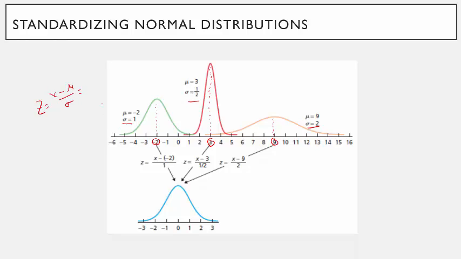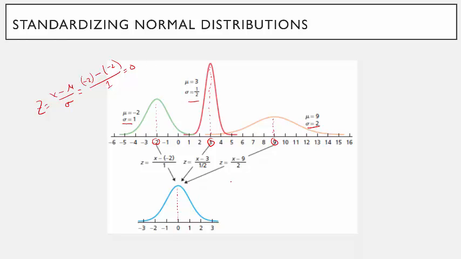If I take -2, subtract away the mean, and divide by the standard deviation of 1, you get 0. You could do this with the mean over here and the mean over here. So if you were to take any variable on any of these curves and plug it into this z-score formula, it would get transformed into this curve, the standard normal curve.